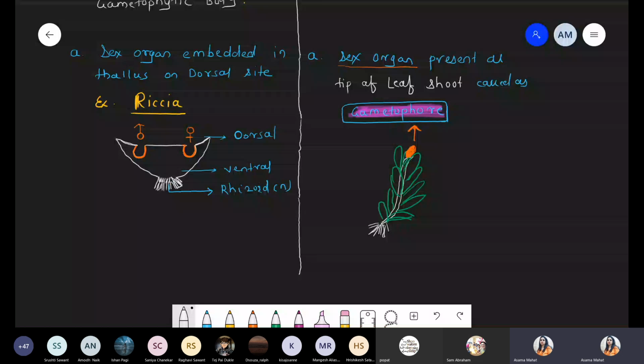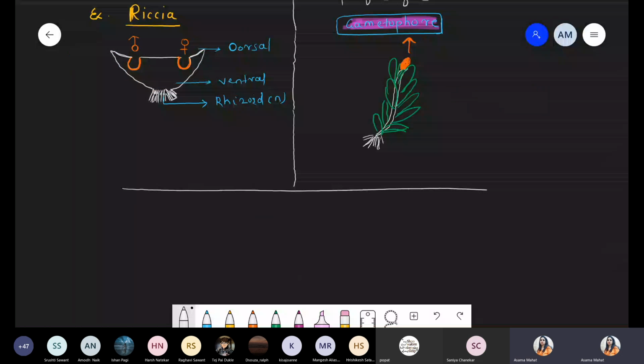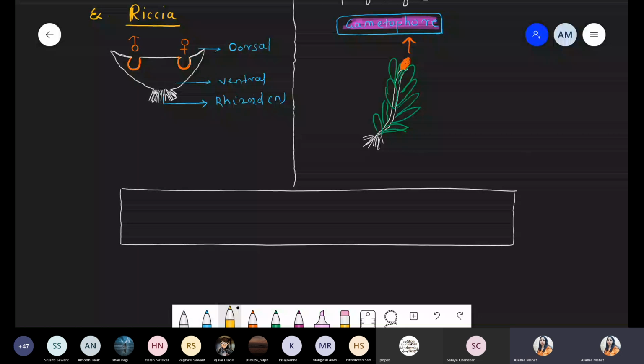So I'm writing one point here which is common for both, so that's why I'm representing it at the center: all Bryophyta are monoecious, but with an exception with respect to Marchantia.